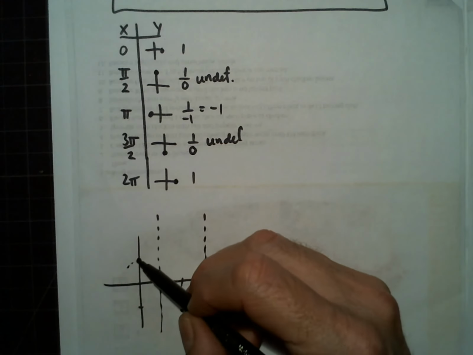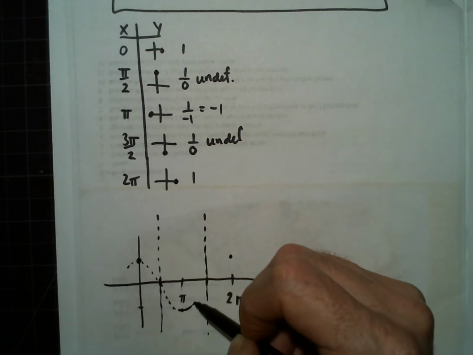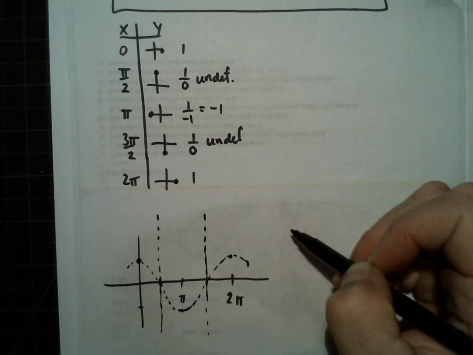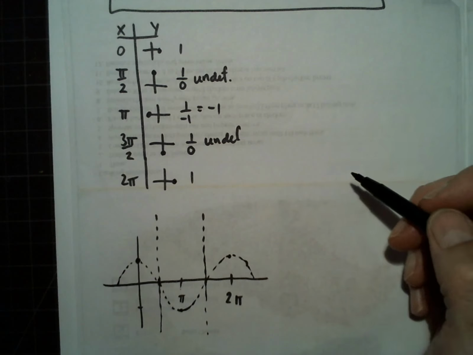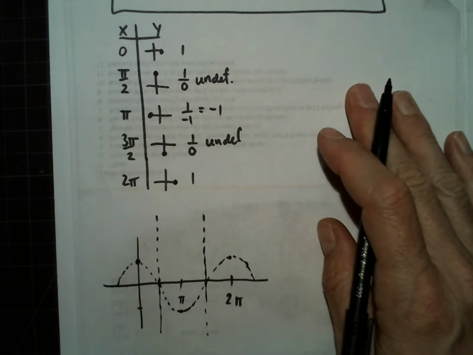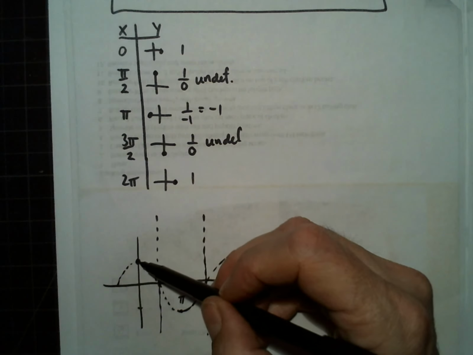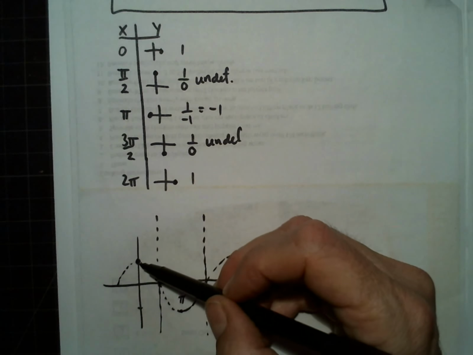So why don't we look at the graph of cosine. If the y value of cosine is 1, its reciprocal is 1. That means secant is 1. And that's why we have this point here for secant.